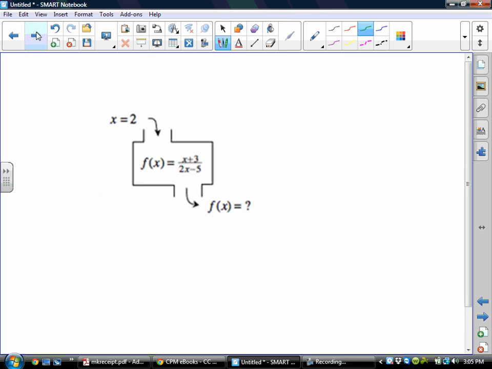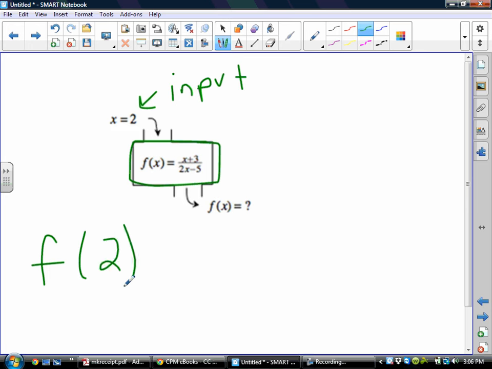So we have our input is going to be 2. So we're going to replace each x that we see in our machine with a 2. And we're going to find out what happens when we do that. What number do I get out after doing all these different calculations to the number 2? So f of 2 is my input, and I'm going to replace the x's.